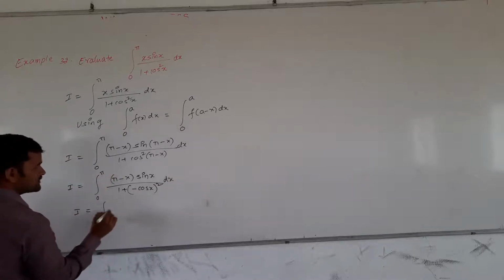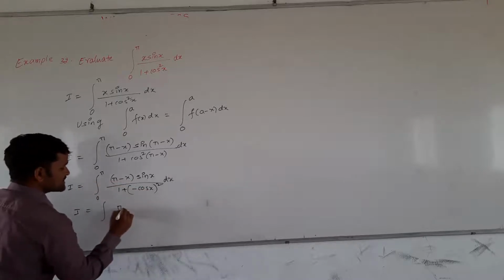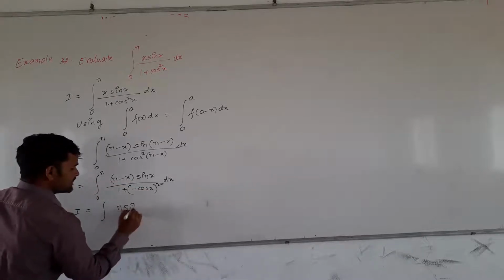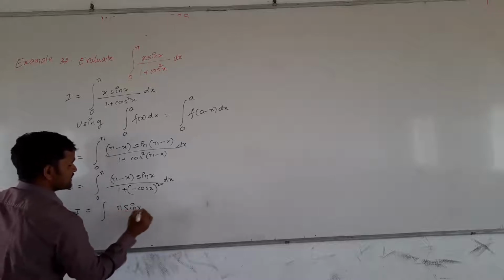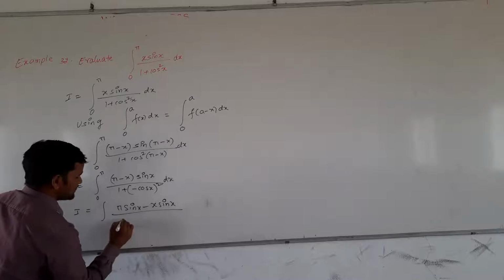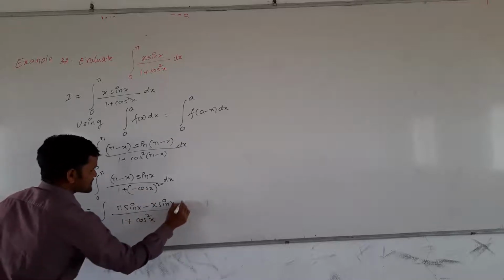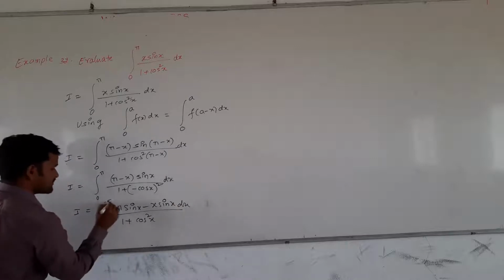I is equal to, here I will split it into a sum of two integrals. First one is pi sin x minus x into sin x divided by 1 plus, this becomes plus 1 again, 1 plus cos square x into dx, integrating from 0 to pi.